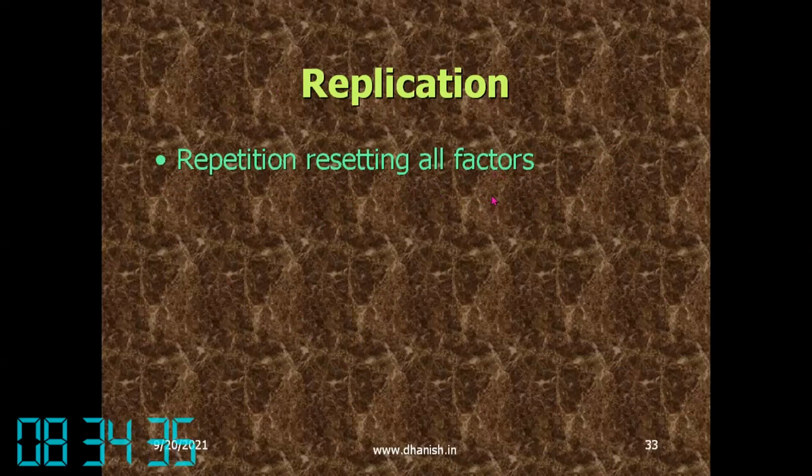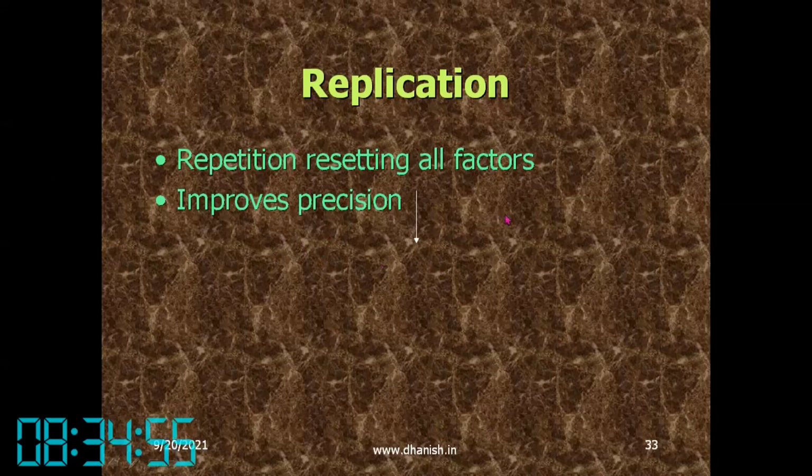Repetition with resetting of all factors is called replication. This improves the precision by taking repeated readings. You know, sigma of x bar is sigma by root n. It is the same thing: as the number of trials increases, the precision in the average will improve.